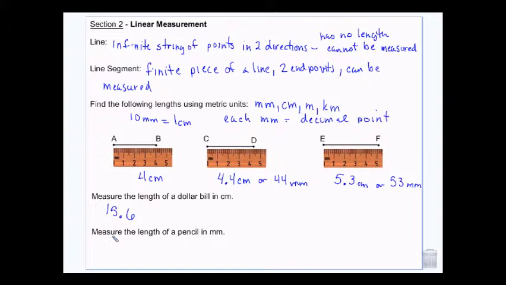Now when you guys do things like this, measuring pencils, well, it will depend on your pencil, wouldn't it? You know, 3 different pencils, 3 different lengths. Which one do you want to measure, the long or the short or the medium?